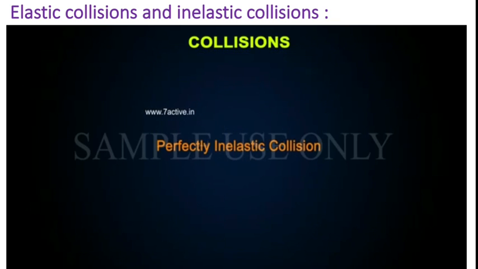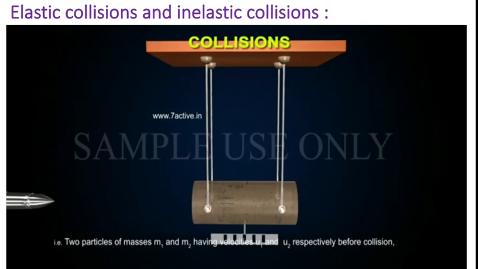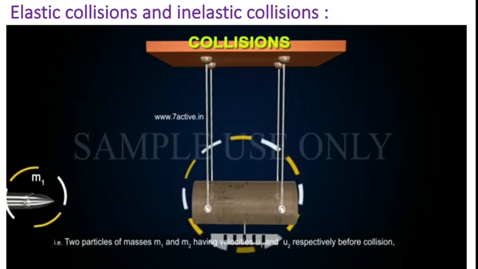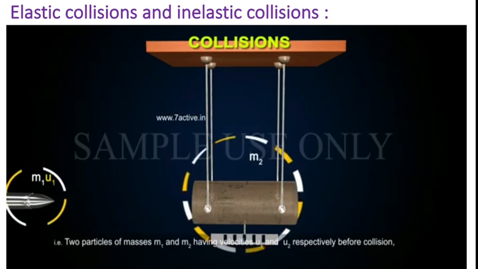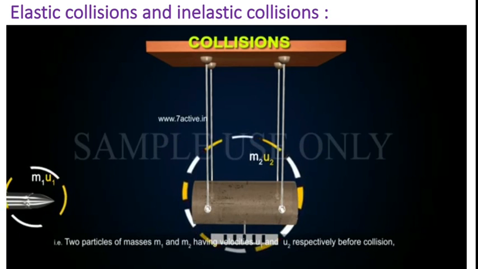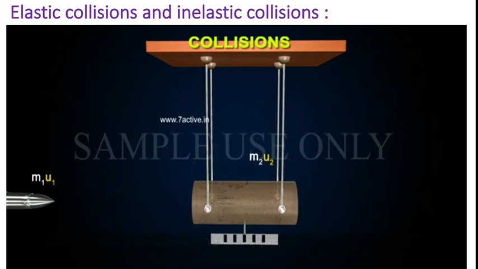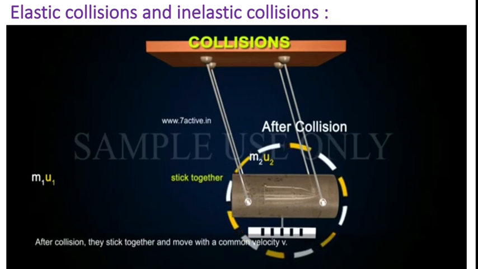Perfectly inelastic collision. Let us consider a perfectly inelastic collision, that is, two particles of masses m1 and m2 have velocities u1 and u2 respectively before collision. After collision, they stick together and move with a common velocity v.